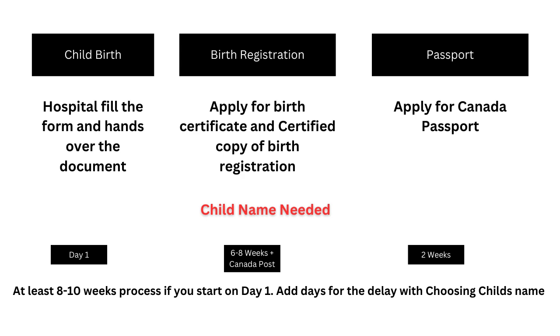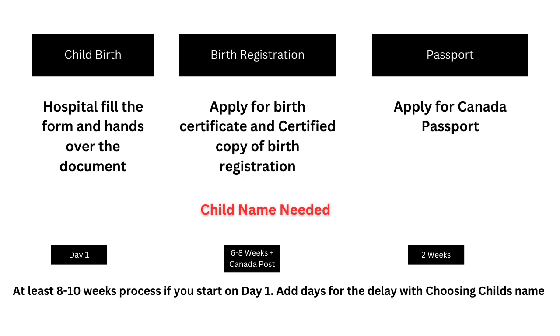When it comes to the timeline, if you have child's name, then registering childbirth is almost instant. You can go and do this online. Now, when it comes to the birth registration certificate, that is the birth certificate with parental information or birth certificate only, and in all probability you will require the certified copy of birth registration. This takes 6 to 8 weeks.